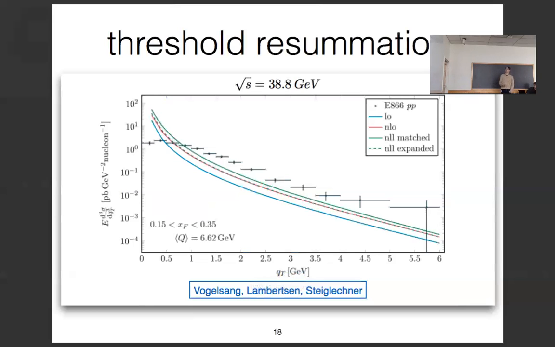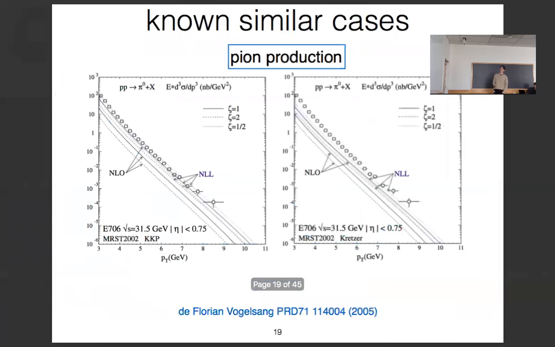Okay. Then I think we can take inspiration from other cases where similar problems have shown up. So one example is pion production.